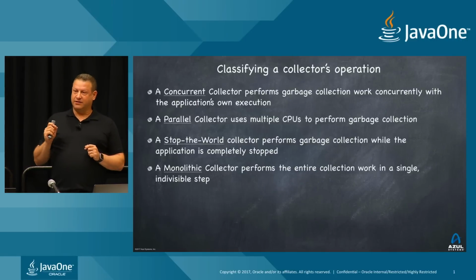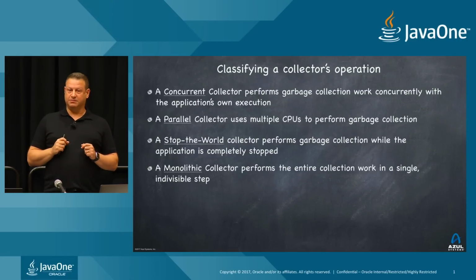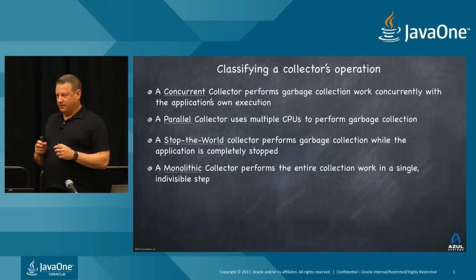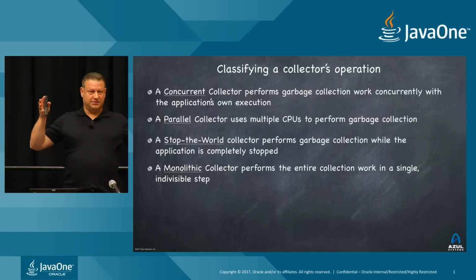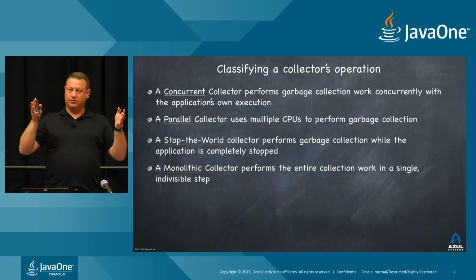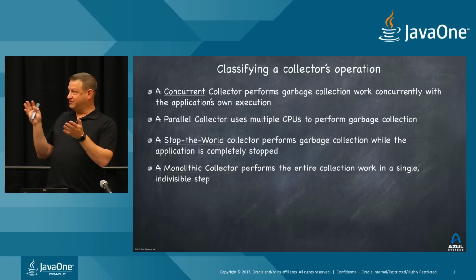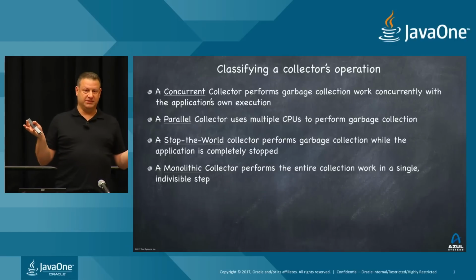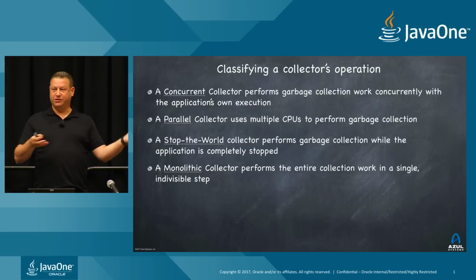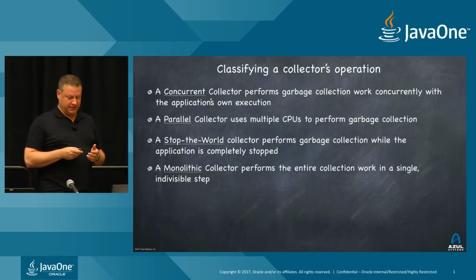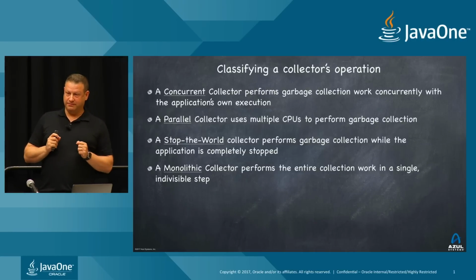A monolithic collector, or a part of a collector that's monolithic, is a collector that does all the work in one chunk, in one piece of work that you cannot break into pieces and maybe do in pieces and run in the middle. So all or nothing.